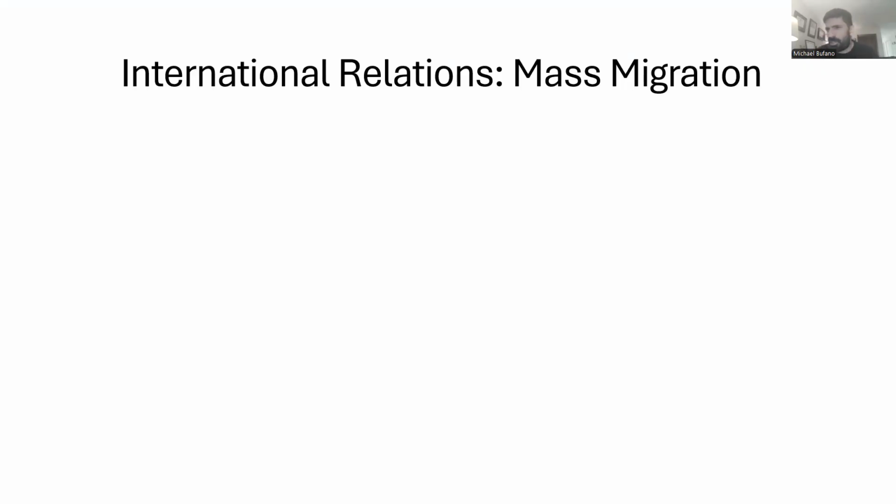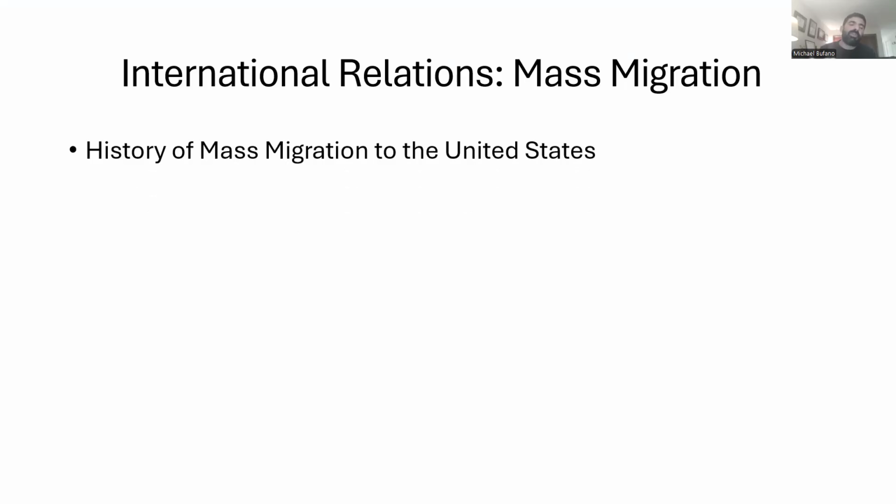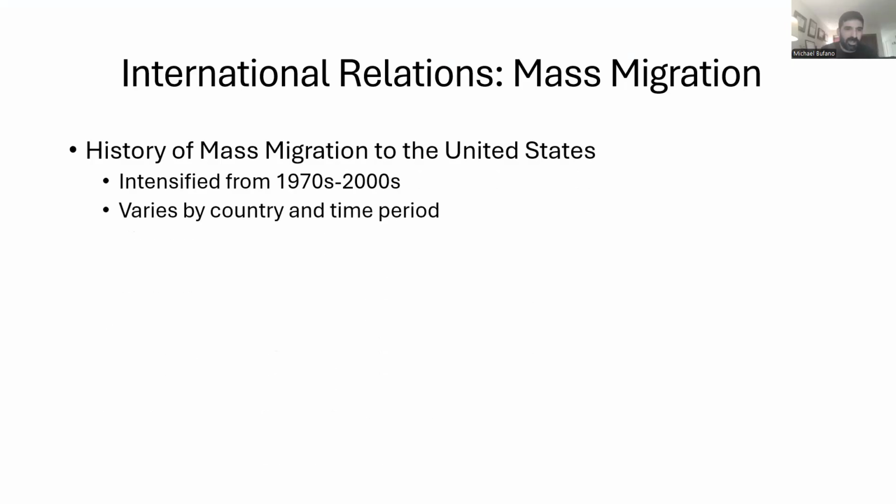And last important thing here as well is we're going to be talking a lot about mass migration and the movements of cultures and how this impacted both Latin America and the United States. There is, of course, a history of mass migration to the United States from Latin America, and this intensified from the 1970s to the 2000s due to globalization, as well as those Cold War conflicts I talked about.